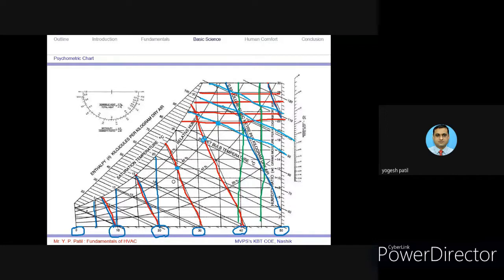So these, 1, 2, 3, 4, 5 and 6, some defined angle of these lines is indicating the wet bulb temperature. Here also it is mentioned. So where are their values that I am finding? Yes, here they are given. You can see on this particular line the values of the wet bulb temperatures are given.